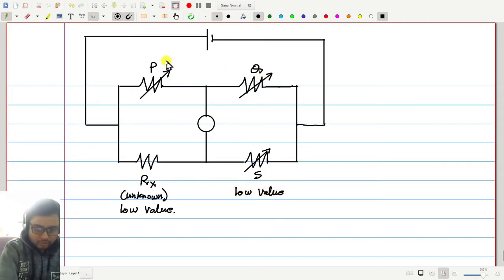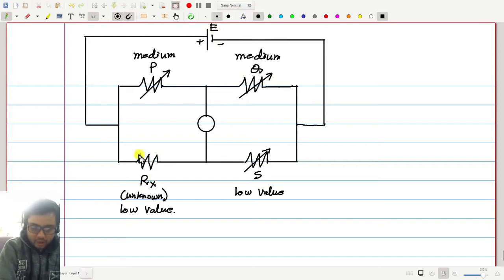P and Q, we will take them to be of medium value, because we will always try to avoid very low and very high value resistances as long as possible.